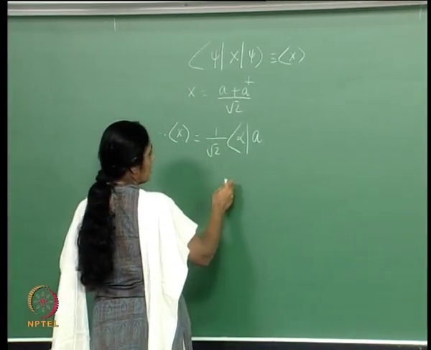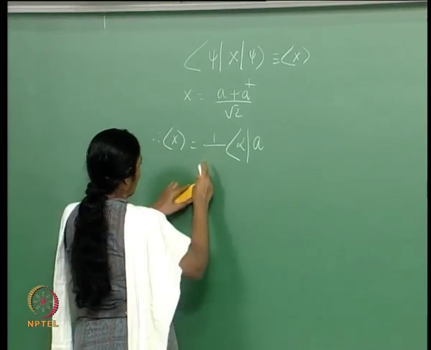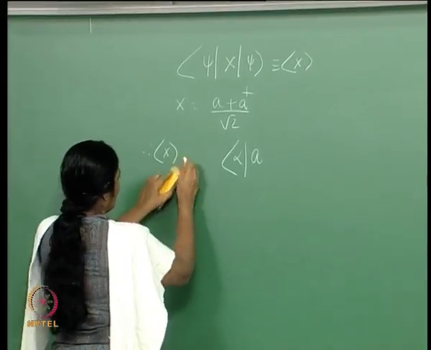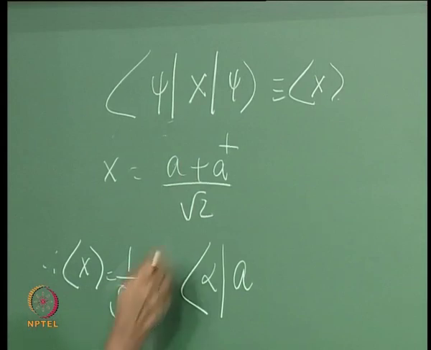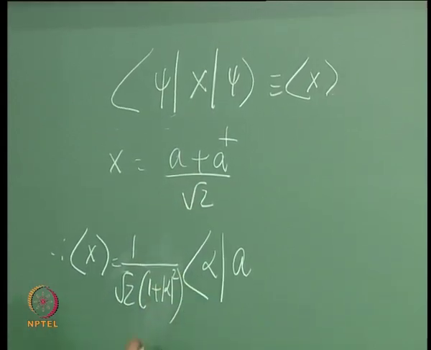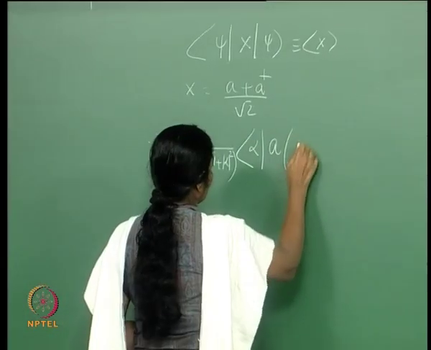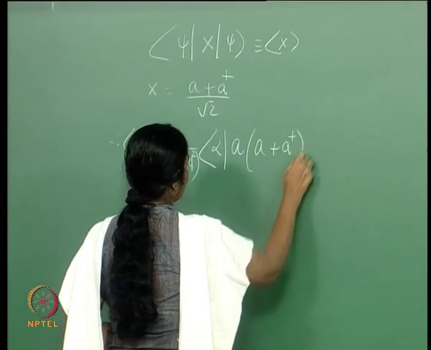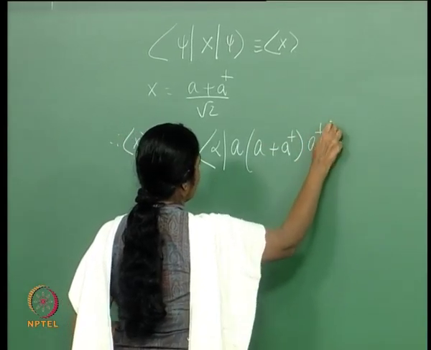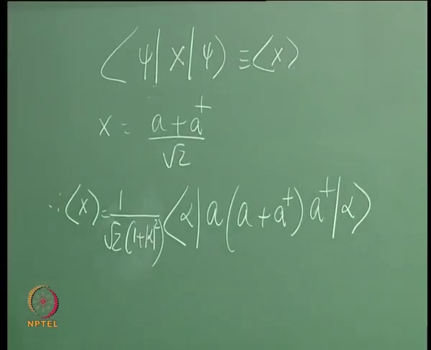Of course, there is going to be a normalization, and that is 1 plus mod alpha squared. So, a 1 by root 2 that came from x and a 1 plus mod alpha squared that comes from the normalization of the state, A plus A dagger on ket alpha. So, this is what I have.